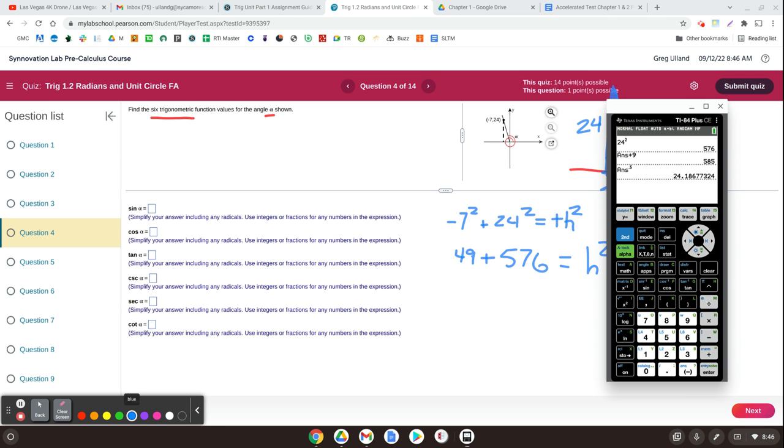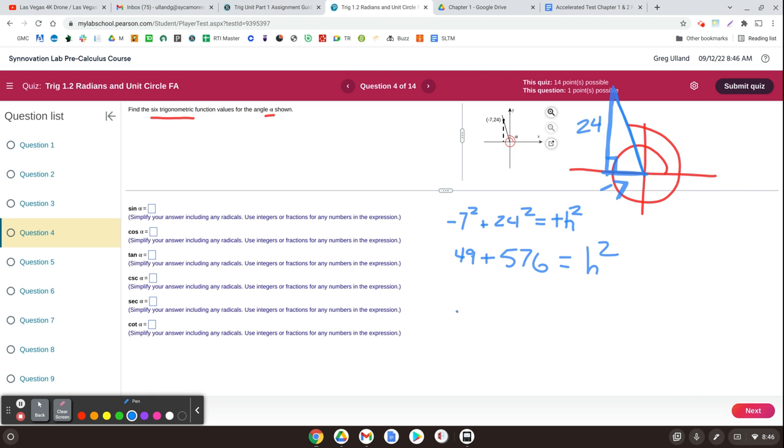No. Hold on, 585 plus 49 doesn't work. And then the square root of that is still a weird one. Oh, yeah, 25.19. Okay, so we're just going to leave it as radical 634.